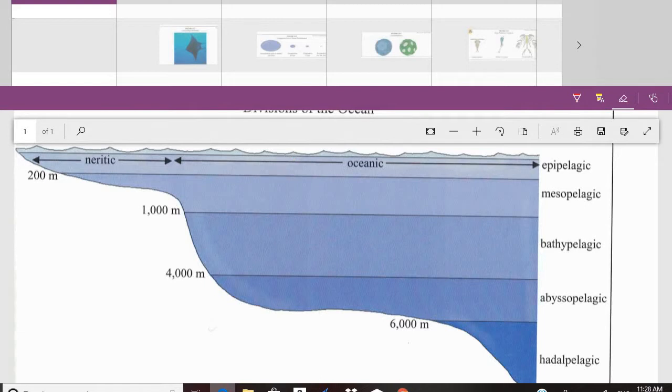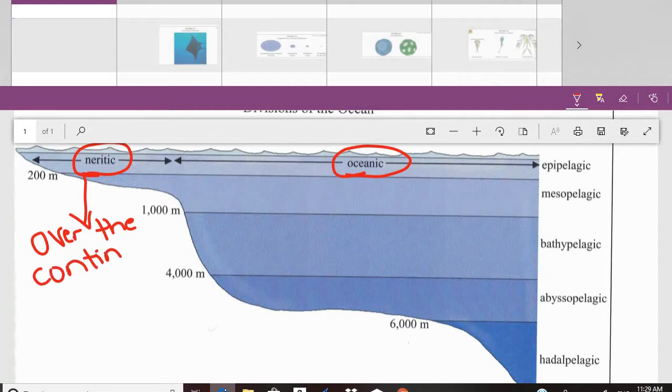The other thing you'll see here is that we have two divisions of the epipelagic zone, and those divisions are called the neritic zone and the oceanic zone. So within the epipelagic zone, the neritic zone is that area that is over the continental shelf. The last module we studied the continental shelf.